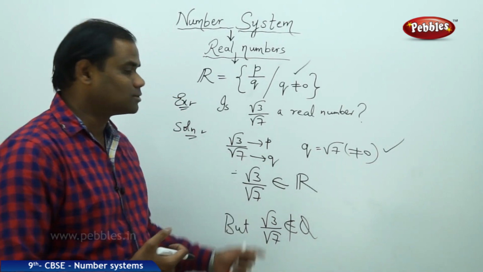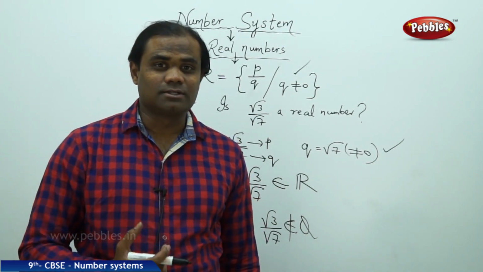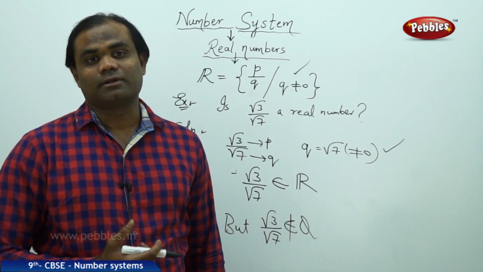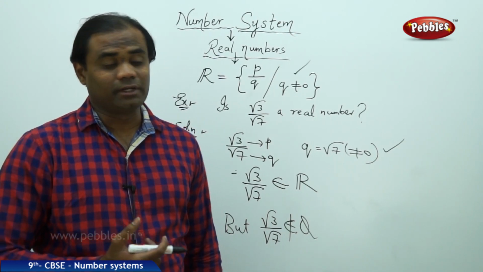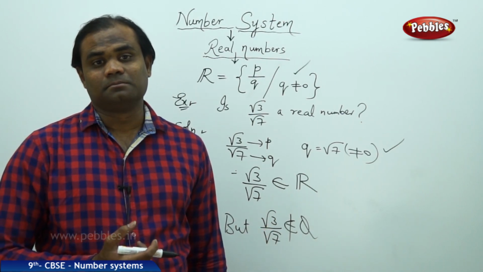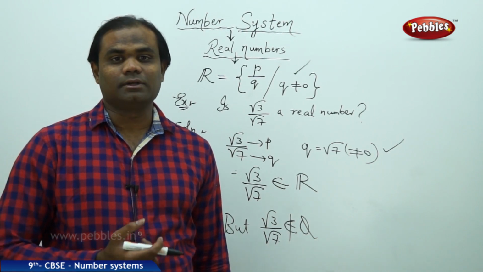So root 3 over root 7 is a real number, but it is not a rational number. Instead, root 3 over root 7 is an irrational number and a real number, but not a rational number.